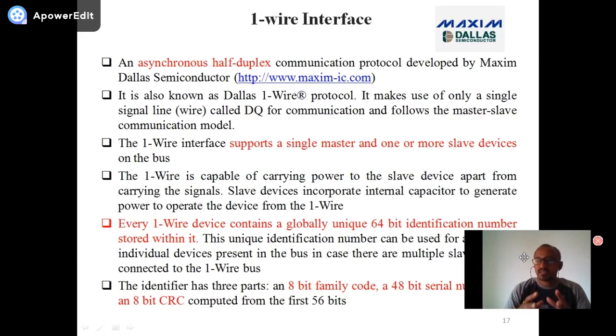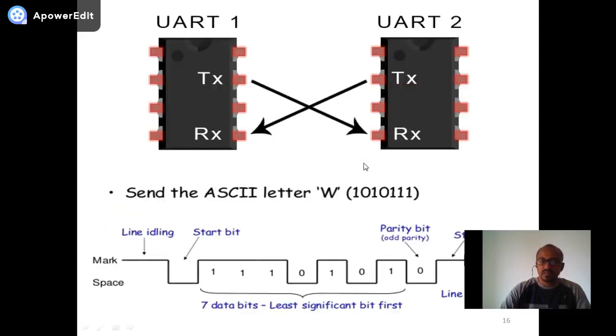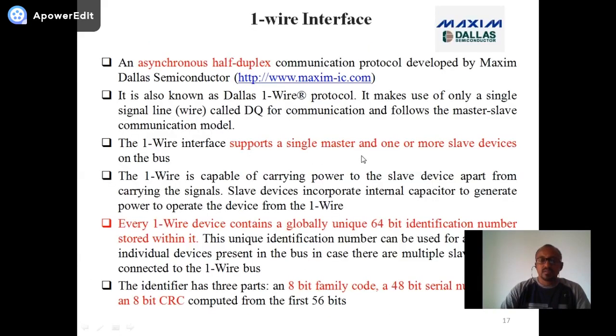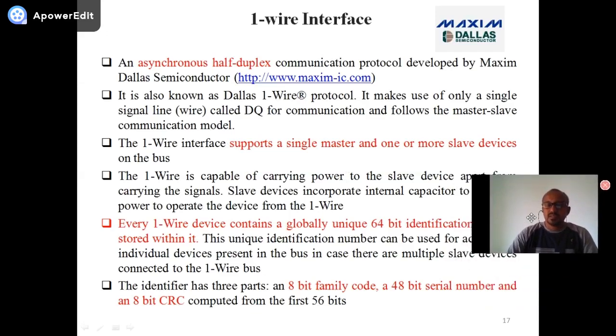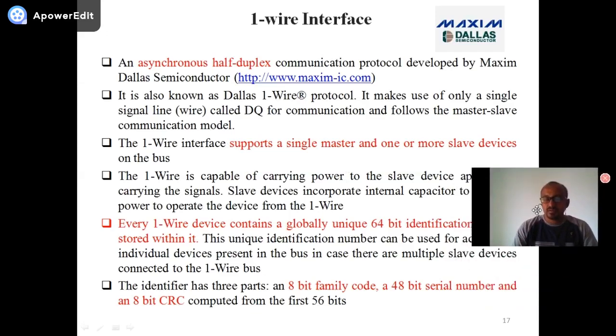Half duplex in the sense that only one can transmit or receive the data, not transmission and reception at the same time, just like in the previous protocol, UART, you have observed. So this data transmission, along with the power, is also carried to the slaves.